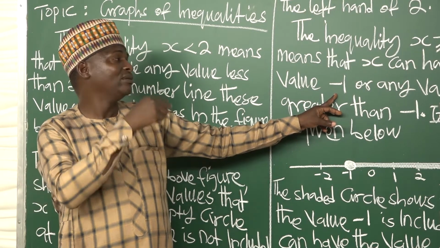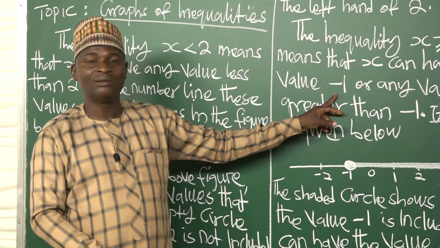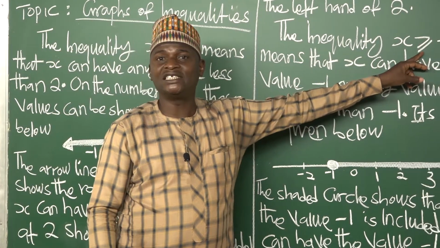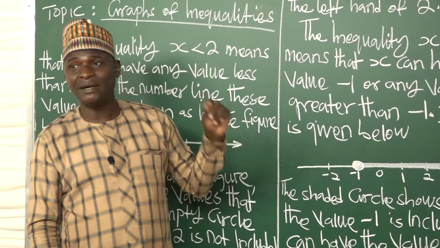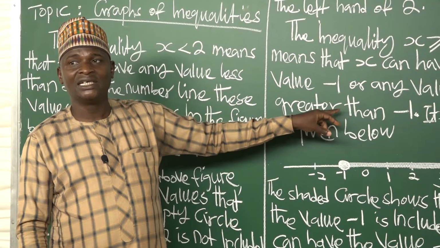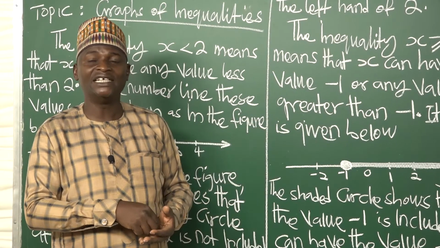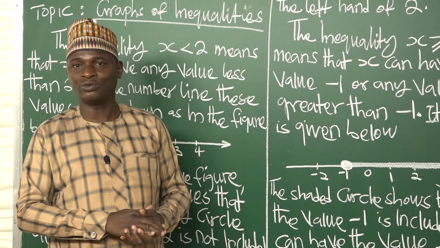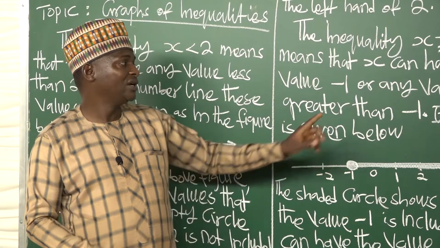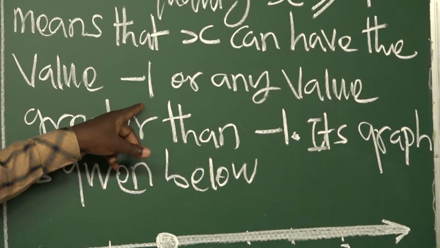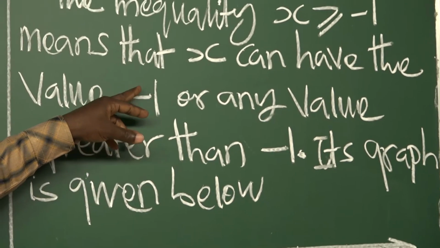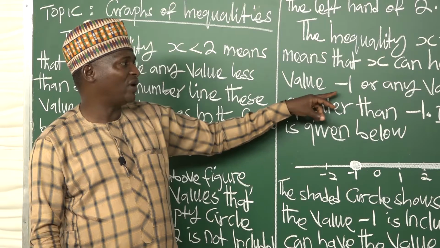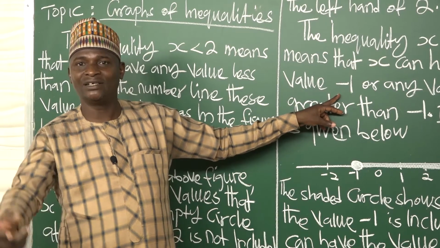In this case, minus 1 is included because of this equality sign. So anytime you have an inequality symbol that has an equality sign, it means the number in question is also among the values of x. So that is why we said the value minus 1 is included, and any other value that is greater than minus 1.